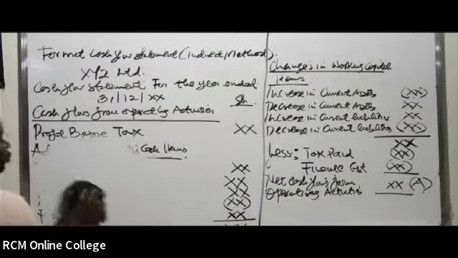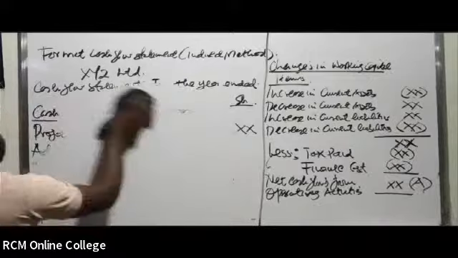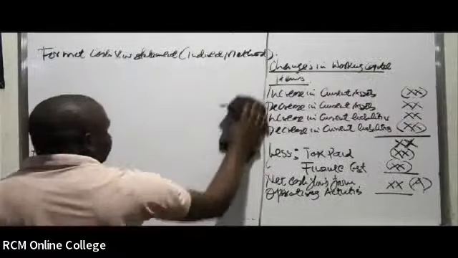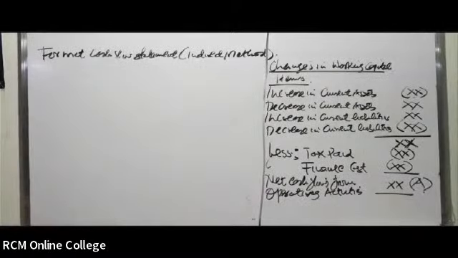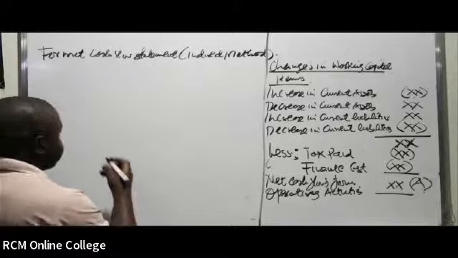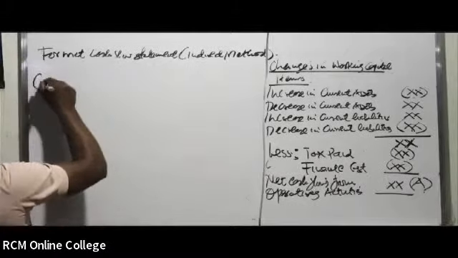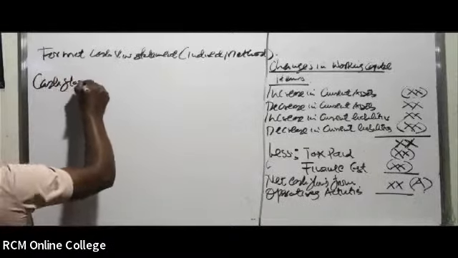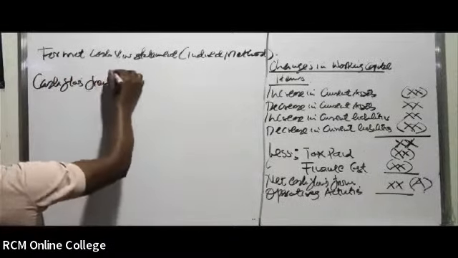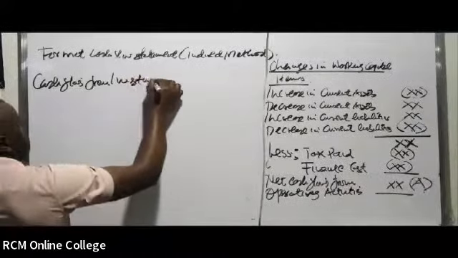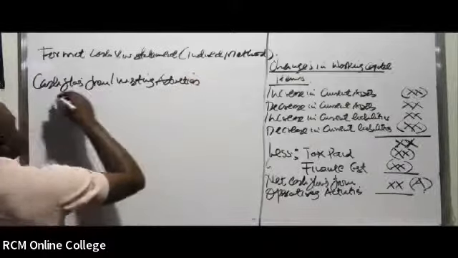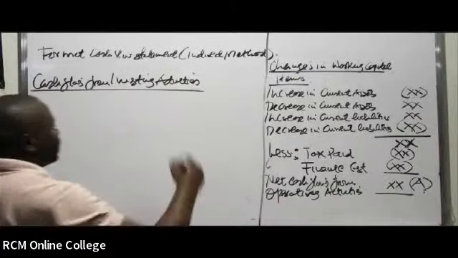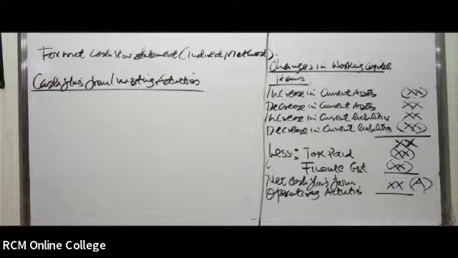So I'm going to continue here. You go to the next part of the cash flow statement, which is the investing activities. You write cash flows from investing activities. Here you consider acquisitions and sale of assets.